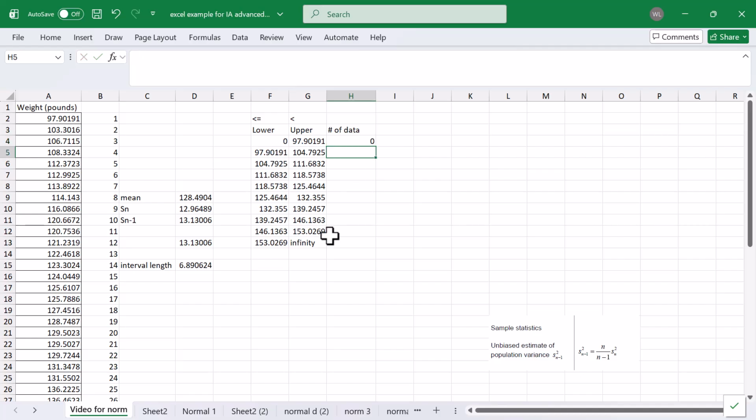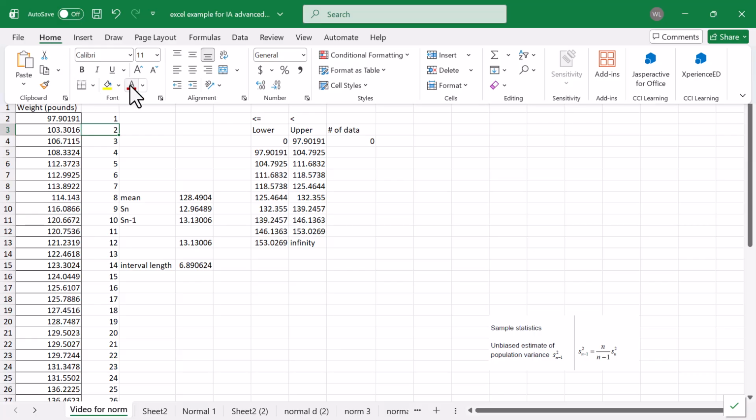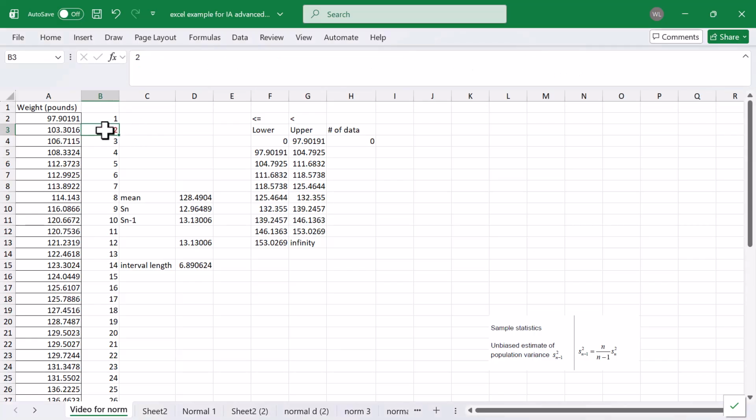For second interval, its upper bound is 104.7925. Then I go to the data, find the value just less than this upper bound value. Then change its ordinal number into red.